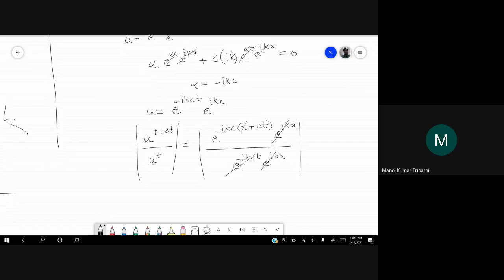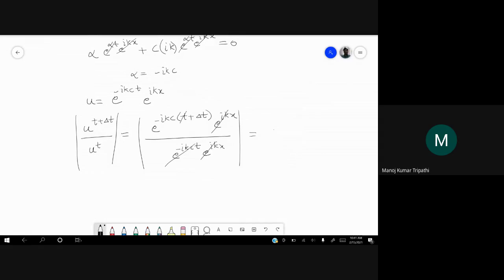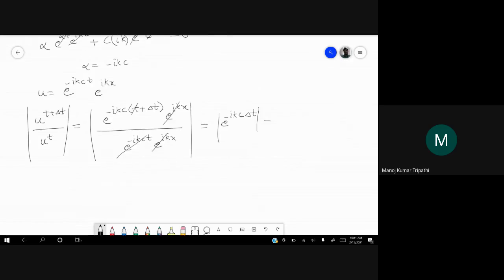You get e raised to the power minus iota kc delta t. And what is the mod of this? E raised to the power iota theta mod is always 1. So we see that for the wave equation, mod of the amplitude difference or the amplification in magnitude is equal to 1 always. It doesn't decay or increase. The magnitude remains the same.